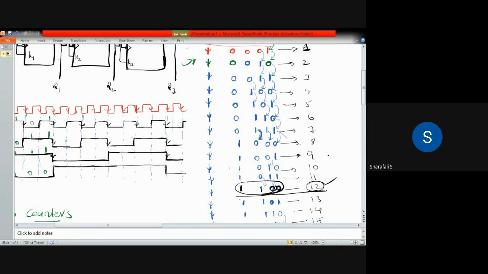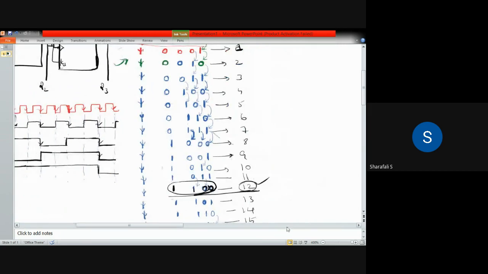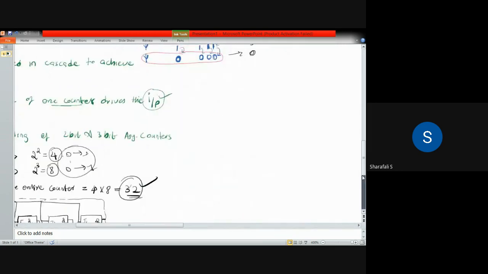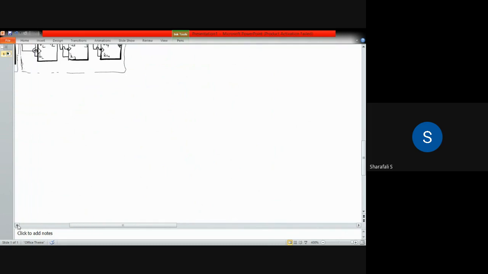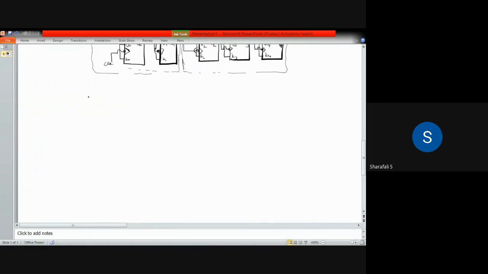For example, if you are considering a mode 4 counter and a mode 3 counter, and you are cascading these two, then what will be the total number of states, or the mode of the cascaded counter?